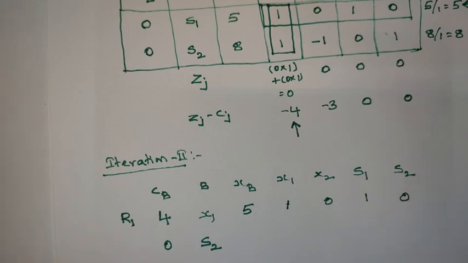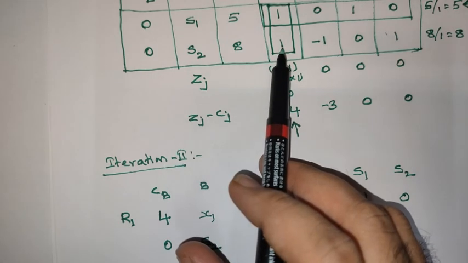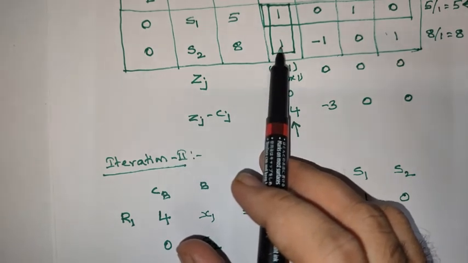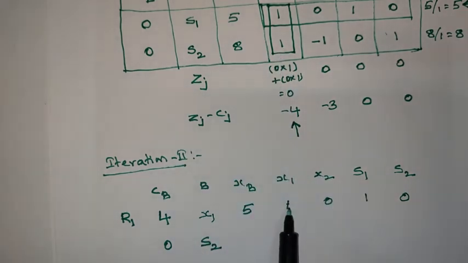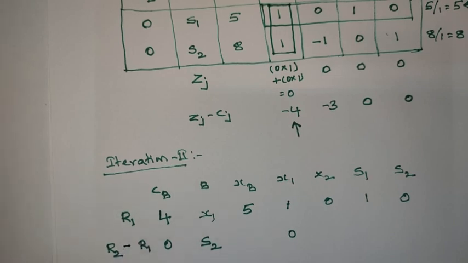And next we need to make other values in the key column as 0. So this one is row 2, and this one is row 1. Here 1 and here also 1, but I need 0. So here both values are 1, so I can make R2 minus R1.